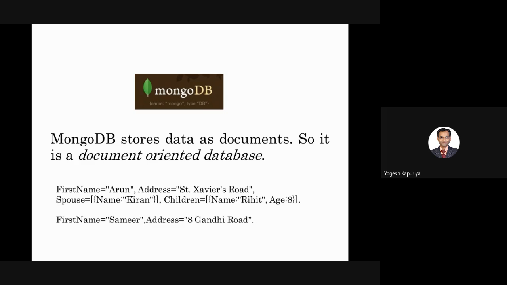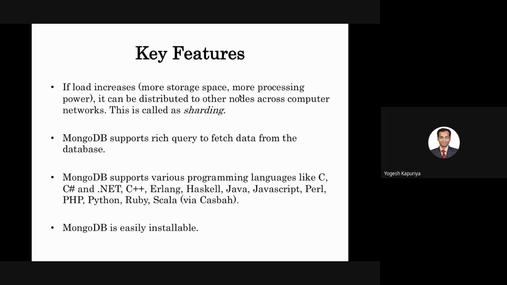But before that, I just want to quickly go through the various theoretical aspects of MongoDB. What are the key features? One of the major key features is its capability to distribute the data set across the nodes, across the cluster of computers.